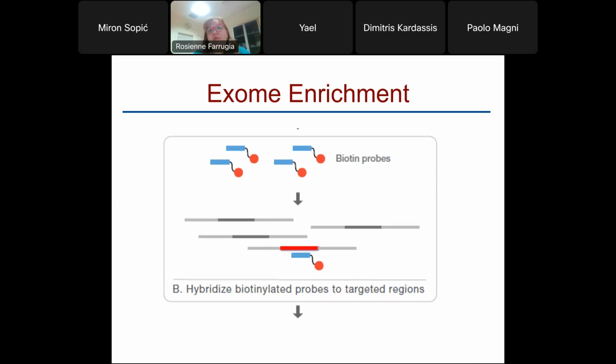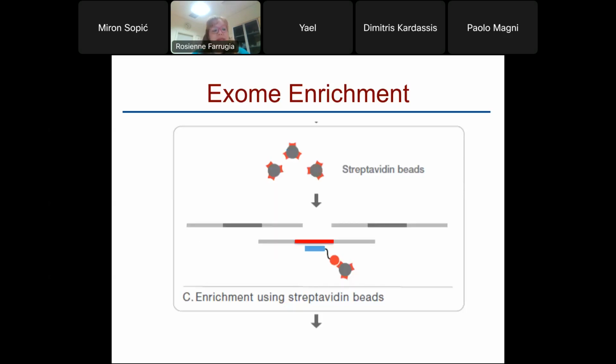So if you mix your probes with your DNA fragments, you will get hybridization of probes to regions of interest, making those regions now biotinylated. Biotin has a very high affinity for streptavidin, so the next thing we add are streptavidin-coated magnetic beads.